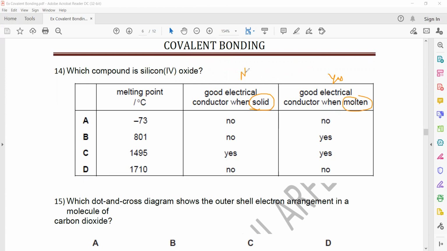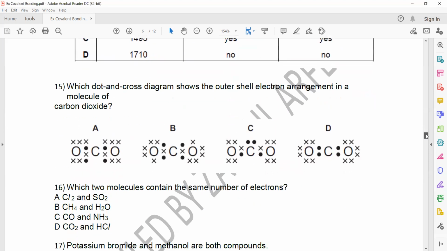If the same question asked which compound is sodium chloride, it should be high, so it can be B, C, or D, but it does not conduct electricity in solid and it conducts electricity in molten, then it will be B. But they're asking for silicon(IV) oxide or diamond, which do not conduct electricity in any state.